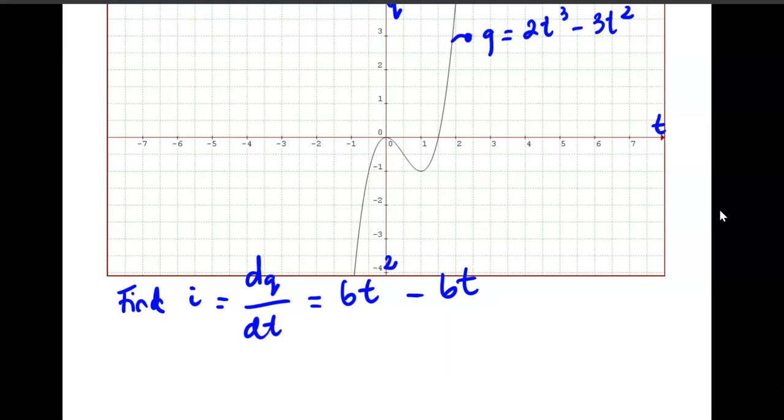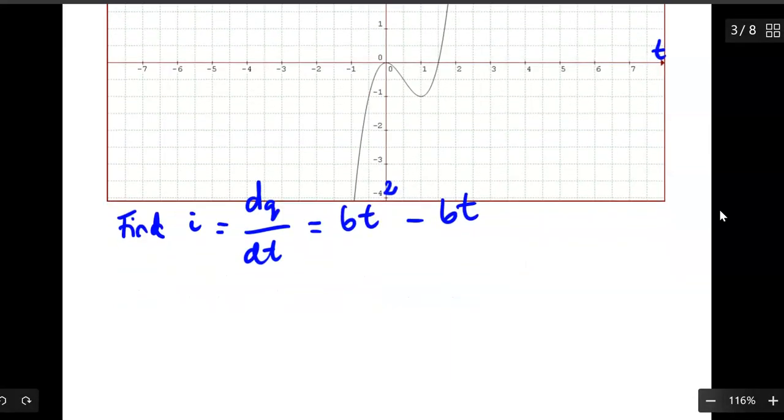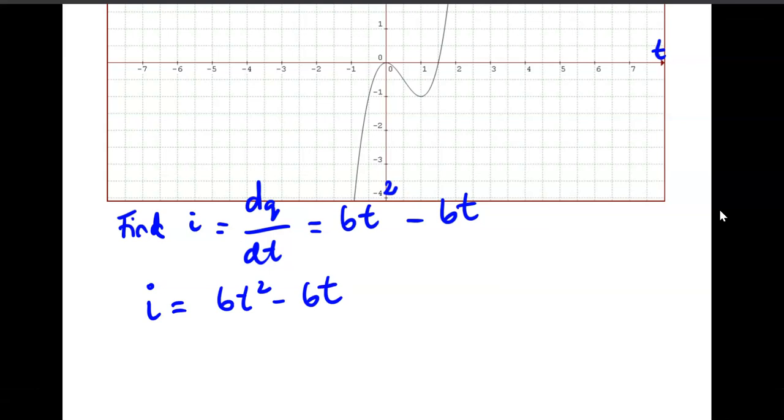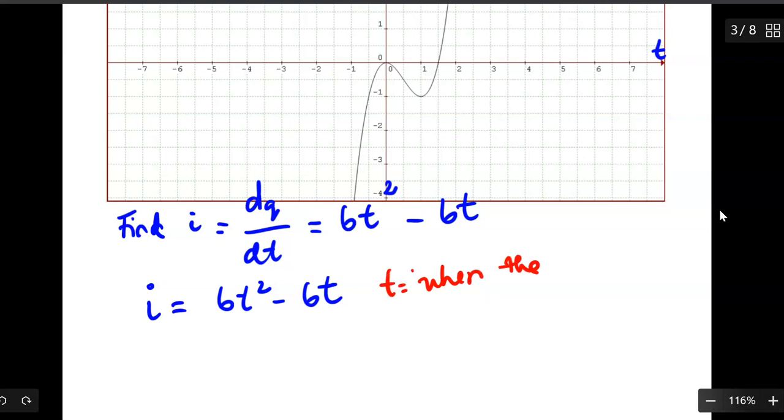At this point, this one is my I. So I'm going to write I equals 6t squared minus 6t. And then they are asking me: find the time when the current reaches minimum.